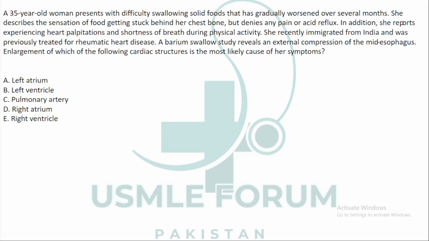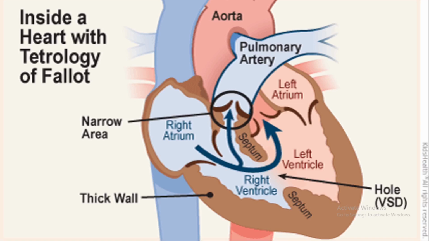Another important thing I need to highlight: you might wonder why squatting helps in tetralogy of Fallot. Squatting increases the systemic vascular resistance, and the increase in systemic vascular resistance causes a reduction in right to left shunting across the VSD. Why? Because if the systemic vascular resistance increases, then the pressure in the aorta increases, and the afterload to the left ventricle also increases.